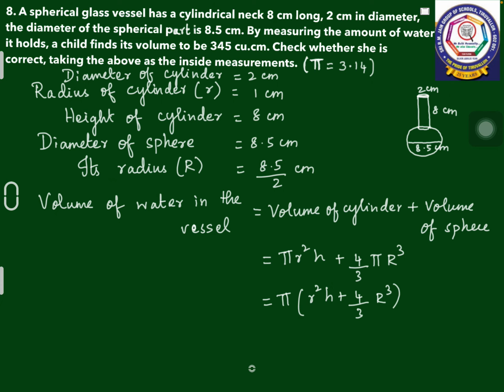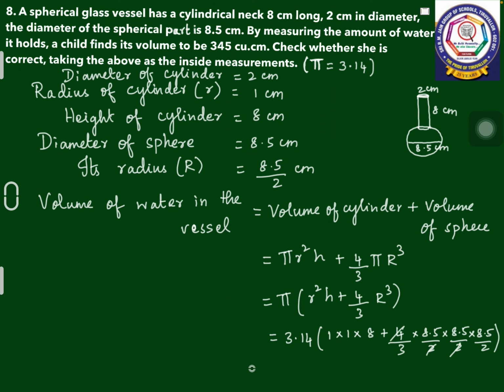So what is the value of pi given? 3.14 into, what is r, the radius of the cylinder? 1 into 1 into 8 plus 4 by 3 into 8.5 by 2 into 8.5 by 2 into 8.5 by 2, because it is R cube. Okay, 2 2s are 4 and this 4 can be cancelled.